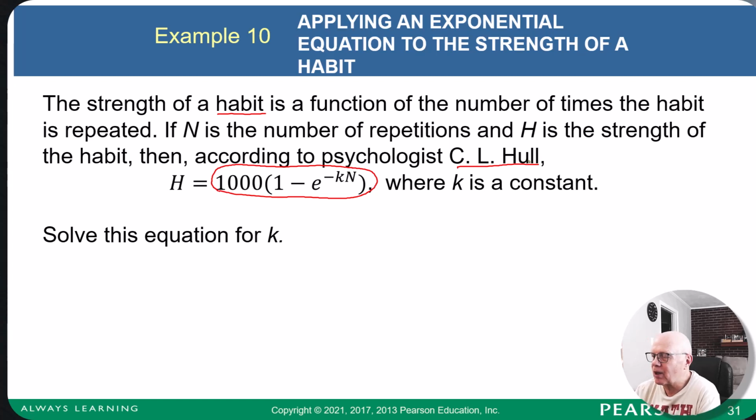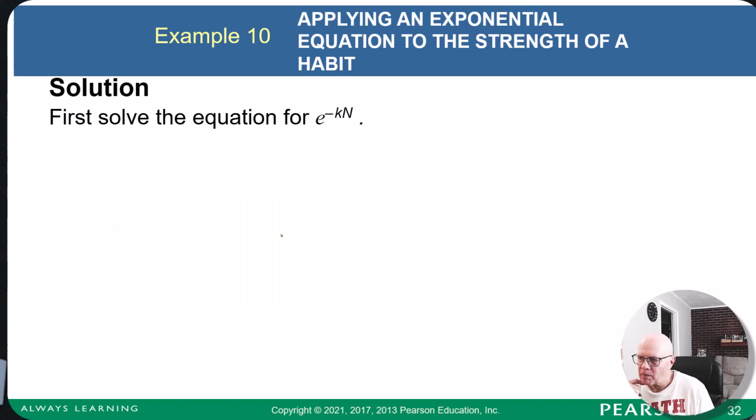Now, I'm not a psychologist, so I'm not familiar with C.L. Hall, but we can solve that equation for k. That looks a little bit daunting, doesn't it? But one piece at a time. First of all, copy it correctly.